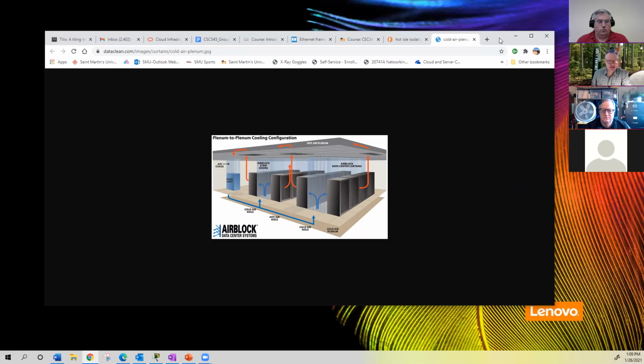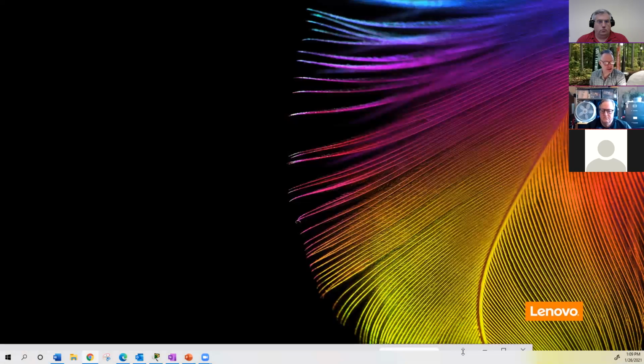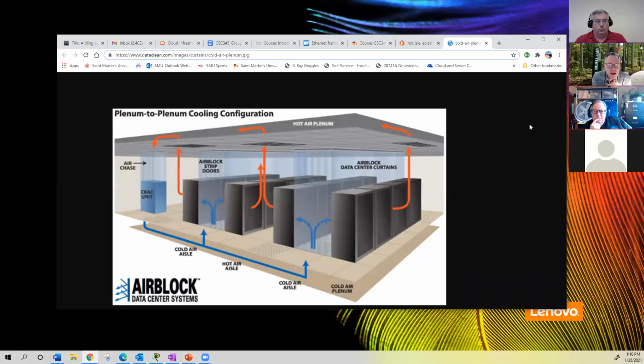if I go down to this screen and zoom this up a little bit, see what it does here. Can I do that? Let me try it again. Okay, a little bit bigger. At the bottom, you have a raised floor.